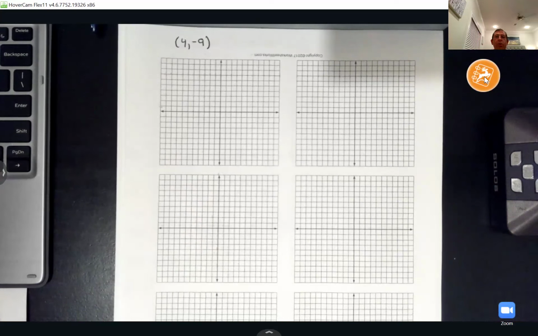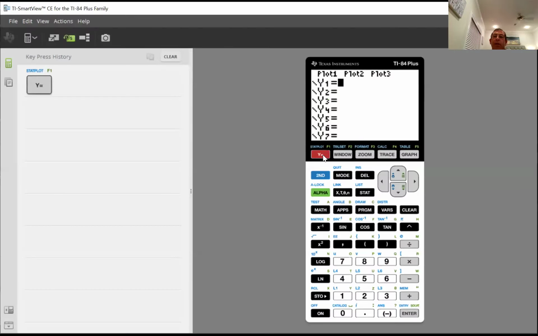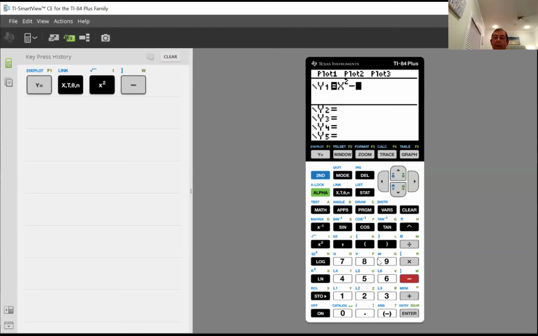So what I'm going to do to get my other points, we all got that calculator in here. So I'm just going to go to y equals and graph it and then get me 2 points. So I got my x squared minus 8x plus 7.